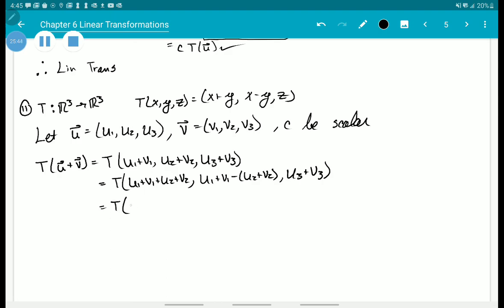So let's see if we can try to do some distributing and regrouping.